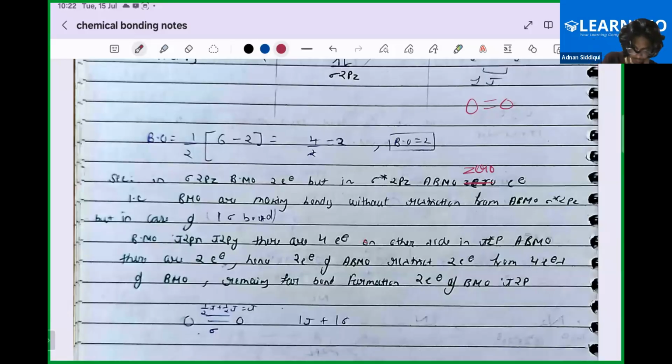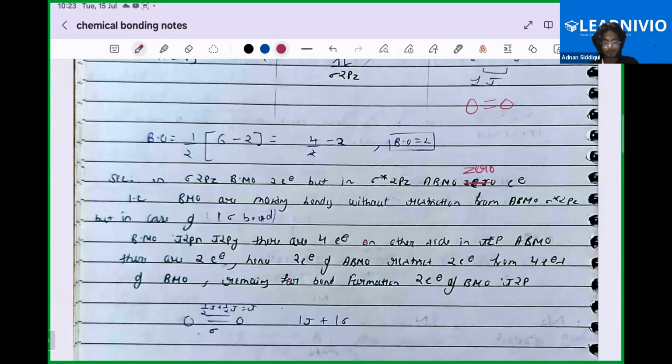Hence, two electrons of ABMO restrict two electrons from the four electrons of BMO. Remaining for bond formation, two electrons of BMO.